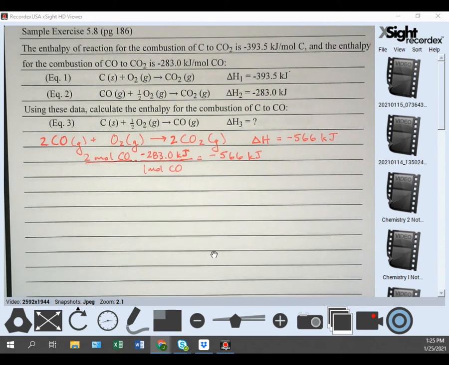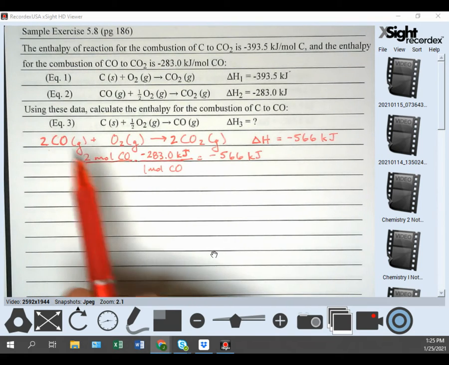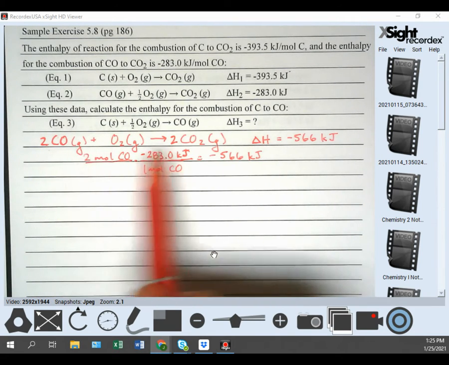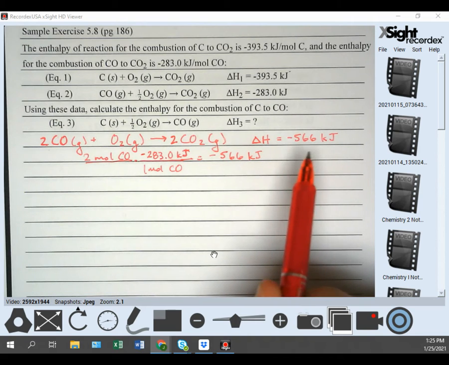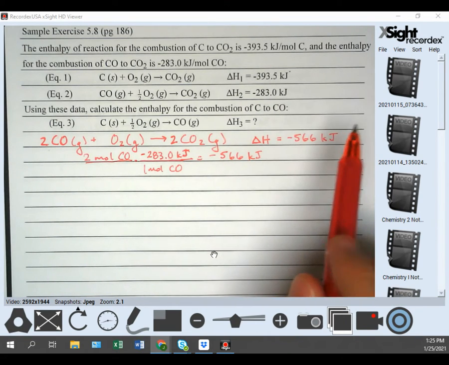Is everybody okay with that idea so far? Is it making sense? All right, but with Hess's law and the enthalpy stuff, because it depends on the reaction, a lot of times they don't like to multiply up.